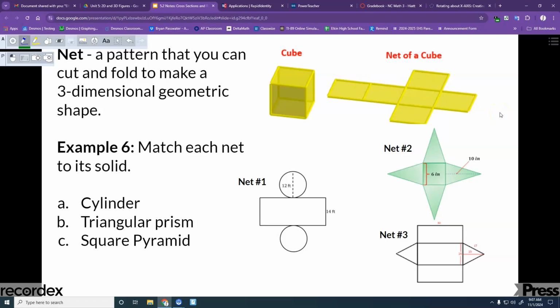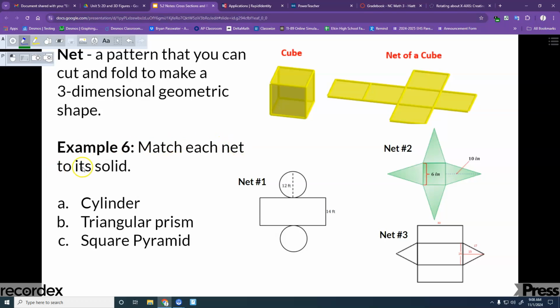This makes me think of when I make cakes, sometimes I buy cake boxes, and they come as just a flat sheet of cardboard, right? Because it's hard to ship an actual box folded up, and it would cost a lot of money to ship them all folded up. So they come as a flat sheet of cardboard, and you have to fold all the edges up.